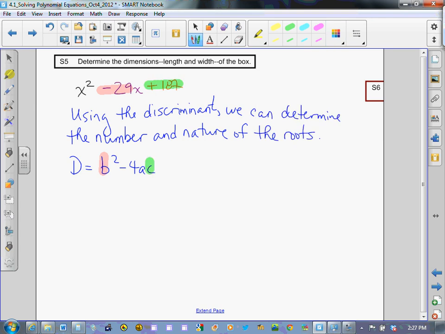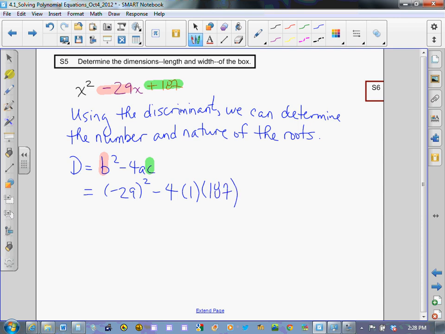So let's go ahead and fill in what we have for our discriminant. So we'll take minus 29, we'll square that, and from that we'll subtract 4 times a, which is 1, times 187.